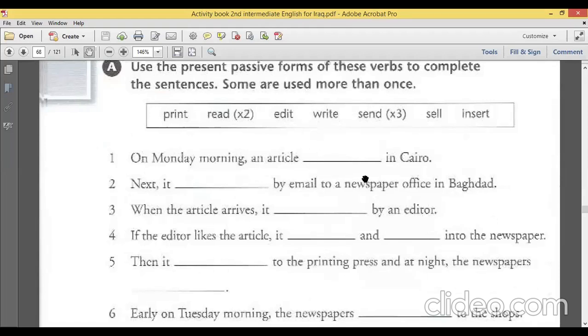Right? So, what about the other one? What about the other one? It is sent by email. Okay, number 3. It is sent, not only sent. Yes. Number 3.